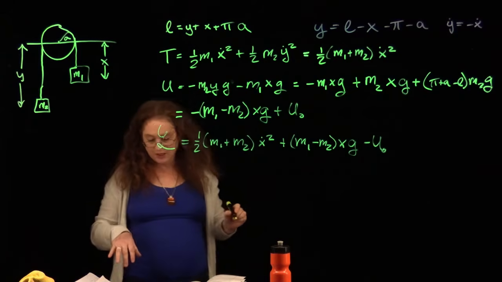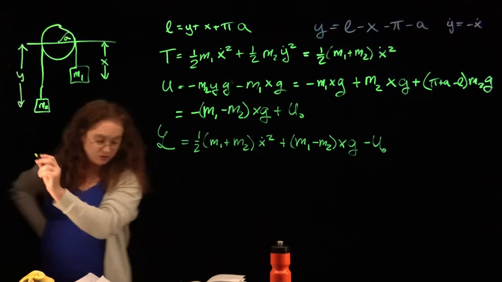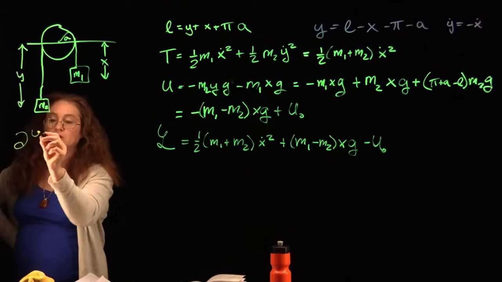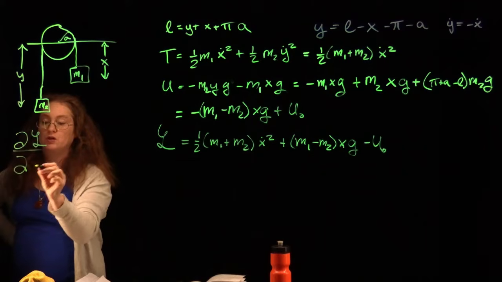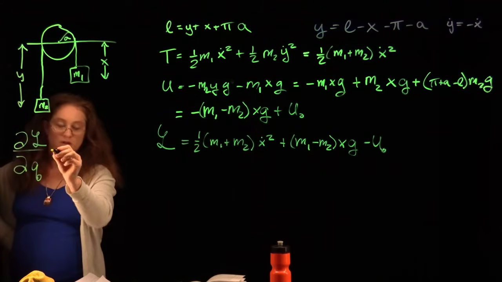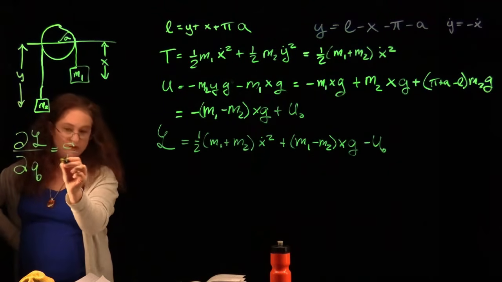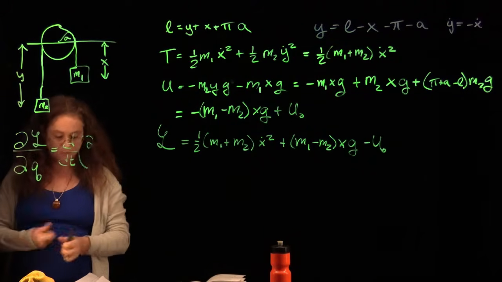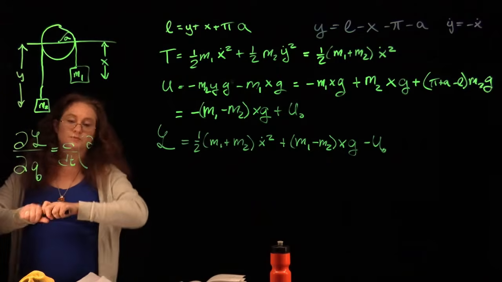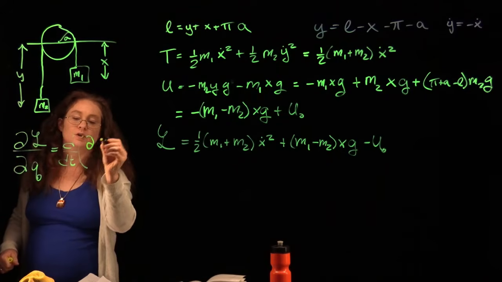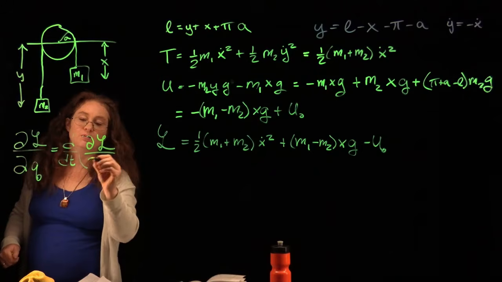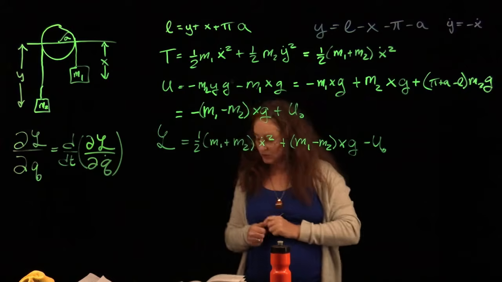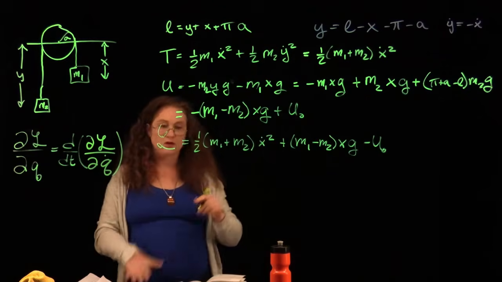Okay, then we want our Euler-Lagrange equations, which say that partial L partial q equals the time derivative of partial L partial q dot.